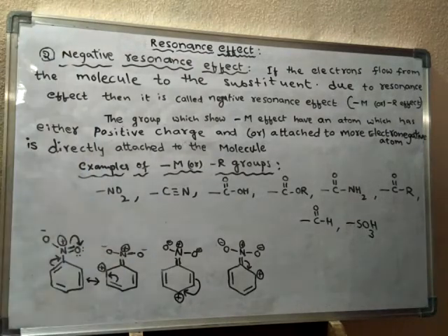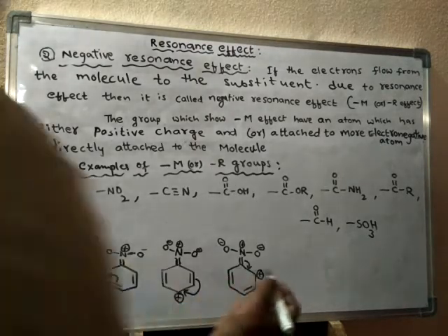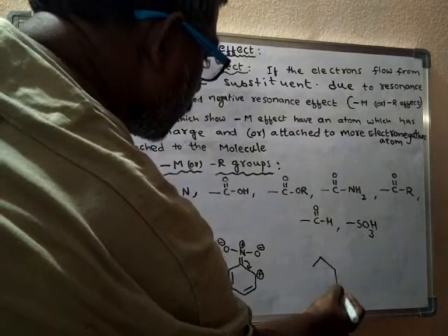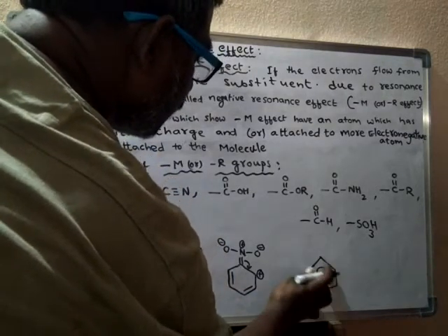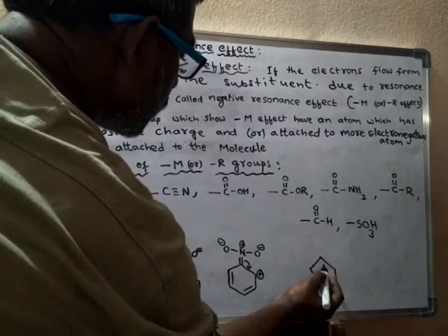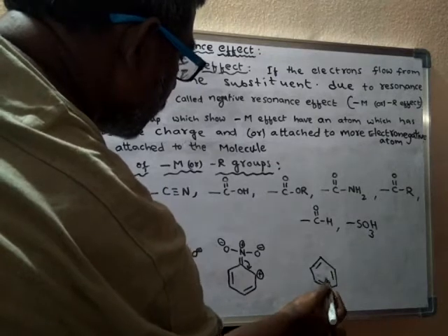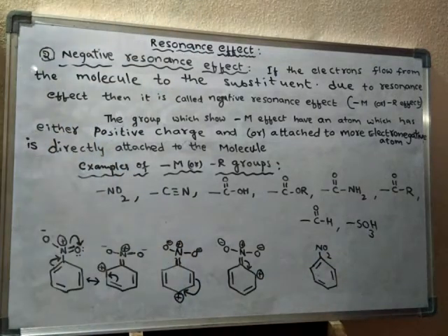Negative resonance effect: the electrons flow from the molecule to the substituent. So actually this is a substituent. For example, if you take nitrobenzene, this is benzene and an NO2 group is attached to the benzene.